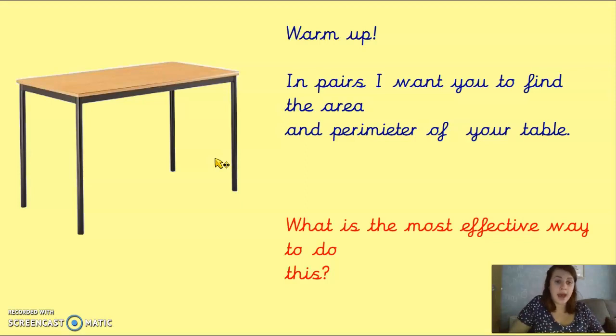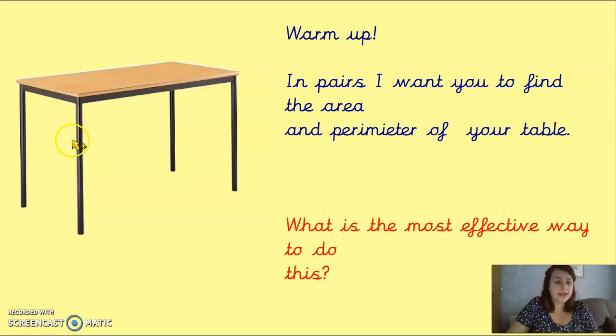You might have a tape measure at home, which might help you out, or you might have a ruler. If you've got just a normal size ruler, you can still measure the table. But what I want you to think about is what is the most effective way to do this? If you've got a smaller ruler and a big table, what's the most effective way to measure it? Remember, for the perimeter, you would be measuring each side of your table and adding them up.